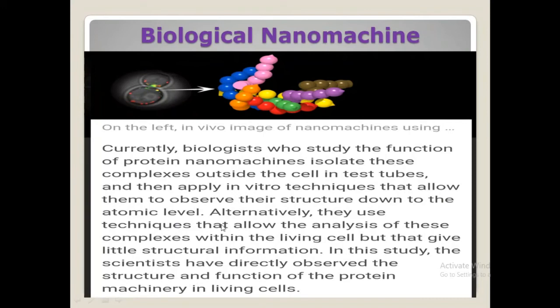Alternatively, they use other techniques that allow the analysis of these complexes within the living cell, but these give little structural information. So here you see they have directly observed the structure and functions of the protein machinery in living cells, because if you know the atomic arrangement of these machines, you can study them directly. So direct study and research is very simple.